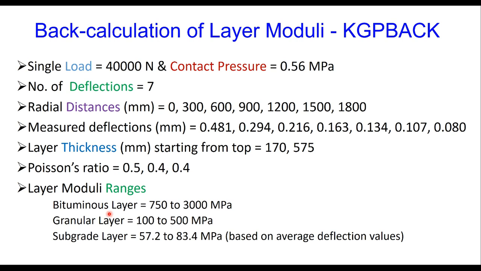This is the range of layer moduli to start the iteration: for the bituminous layer it is 750 to 3000 MPa, for the granular layer it is 100 to 500 MPa, and for the subgrade it is 57.2 to 83.4 MPa. Now these values are given as input to the KGPBACK software, and I will demonstrate how these values are entered and how you get the layer moduli.